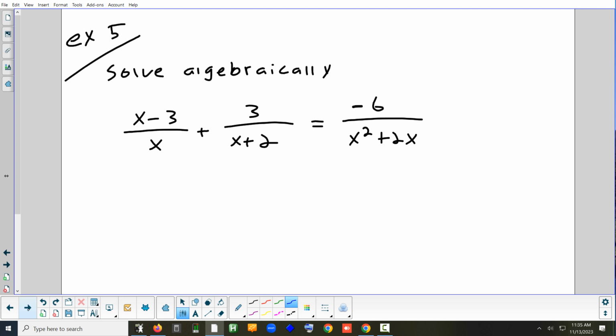Now right away, I just want to look at it and figure out what numbers you are not allowed to plug in for x. 0, yeah? And negative 2. When we solve this, if we get 0 as an answer, or we get negative 2 as an answer, those are extraneous.